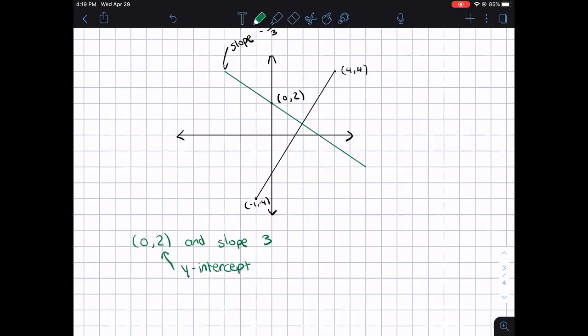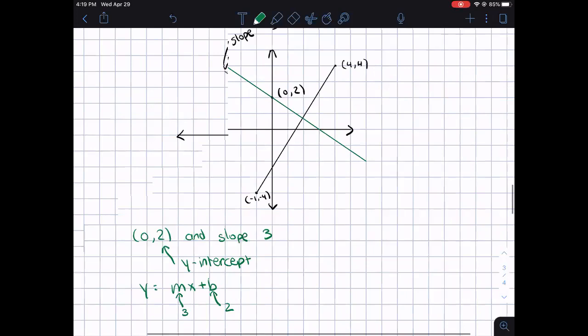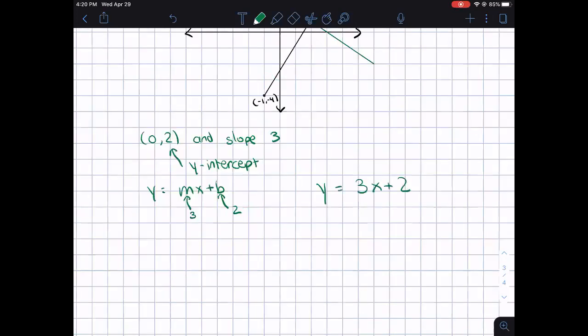So in the equation y equals mx plus b, this b value is equal to 2, and this m value is equal to 3. So the green line is y equals 3x plus 2. This is the equation of the first line. Does this make sense to everybody?